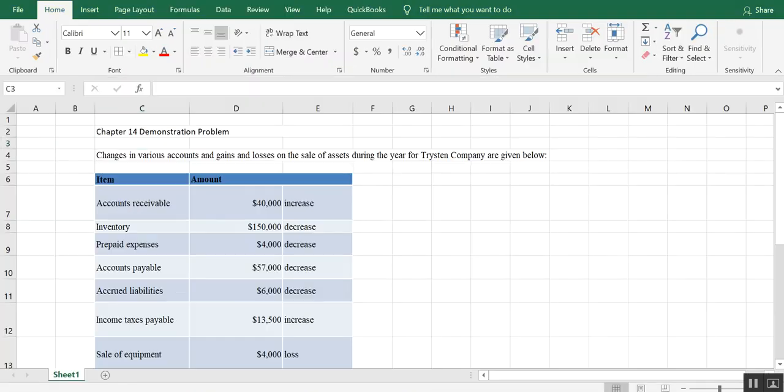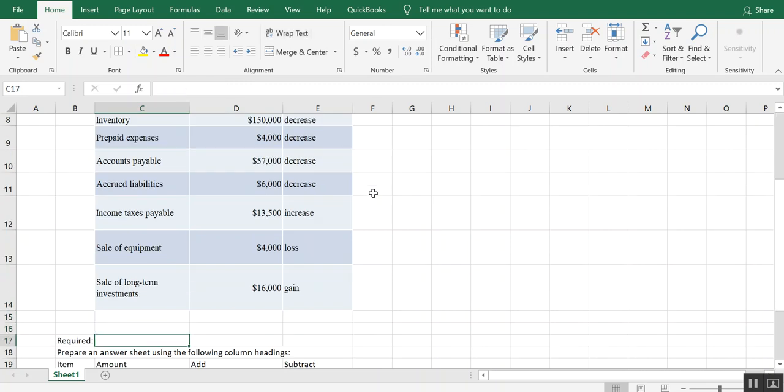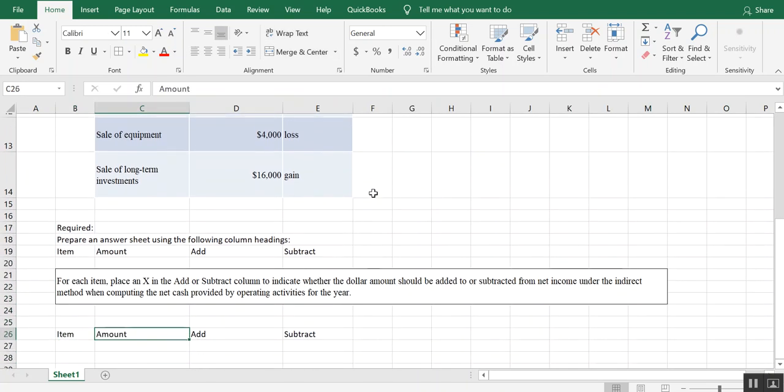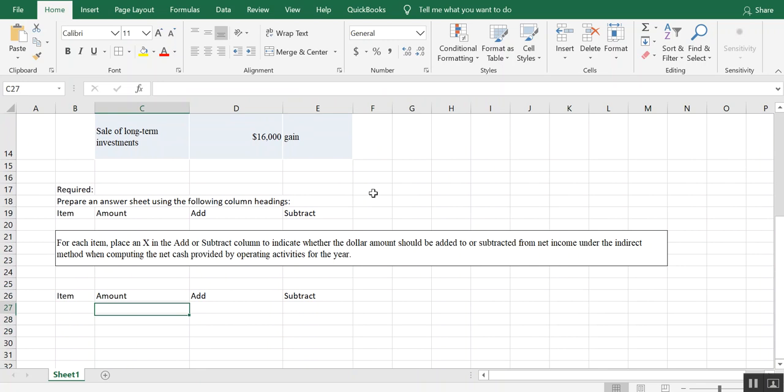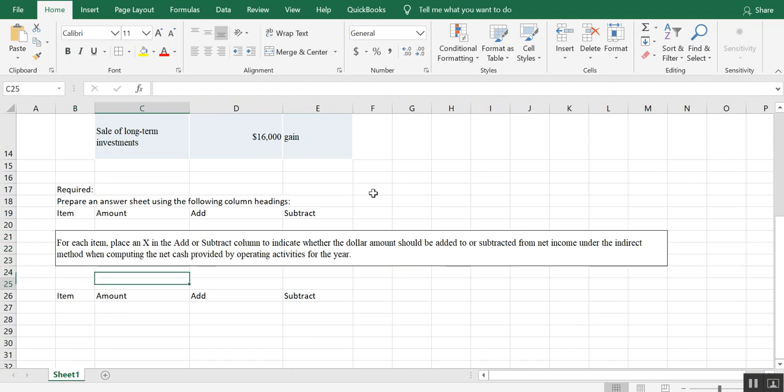So let's take a look at the worksheet that I've copied all this information into, this Excel worksheet. We have the changes that were mentioned earlier in the document. Now they want us to prepare an answer sheet using the following column headings. We're going to show the item, the amount, and whether we're adding or subtracting it.